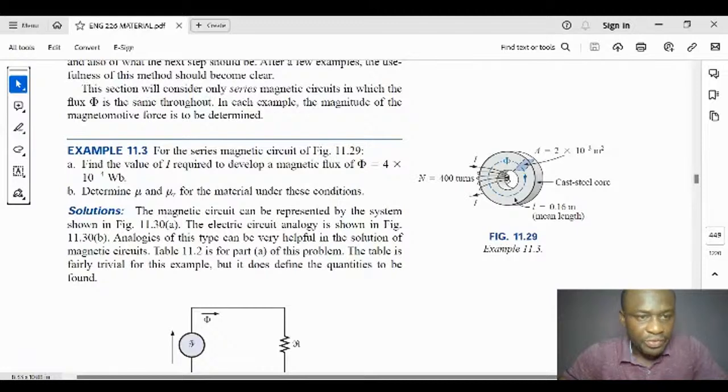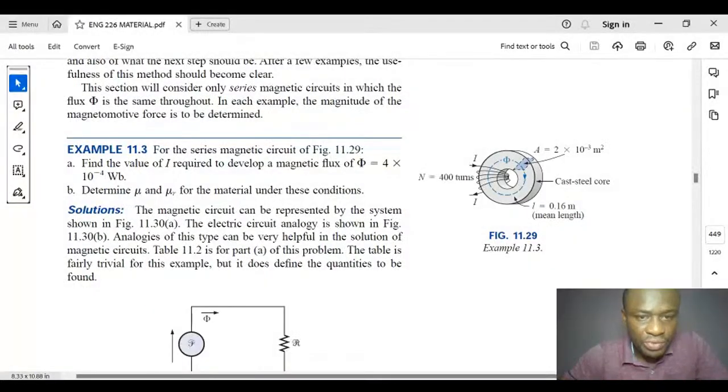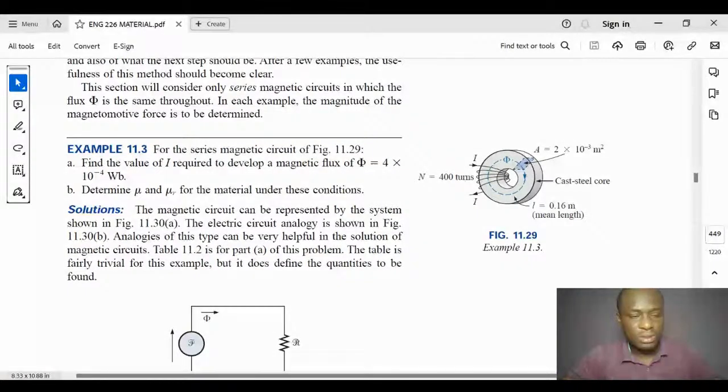We are just 25 minutes late. Last week we solved this question for the series magnetic circuit of figure 11.29 here. Can you see my mouse?